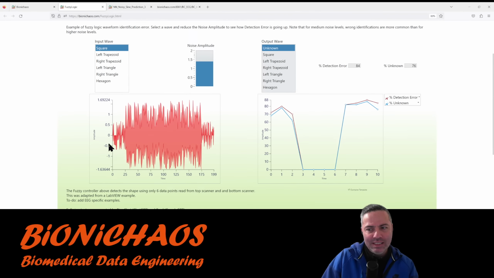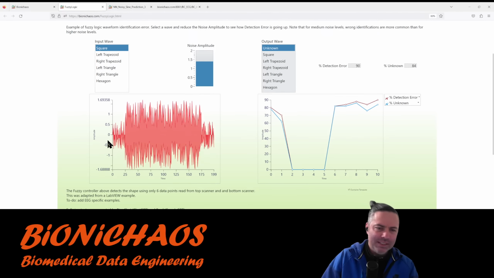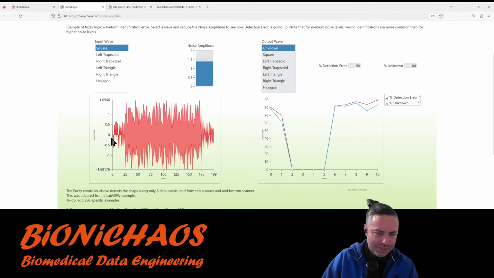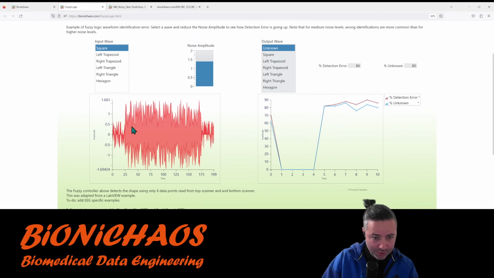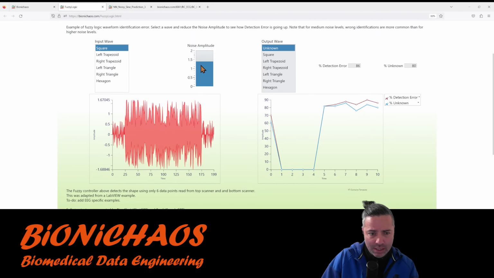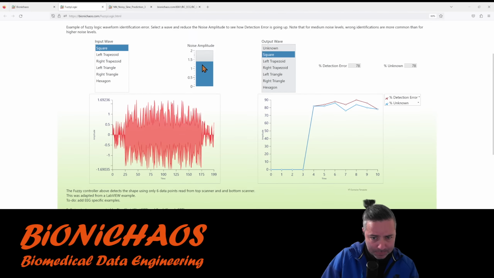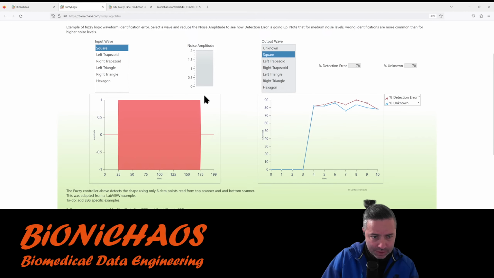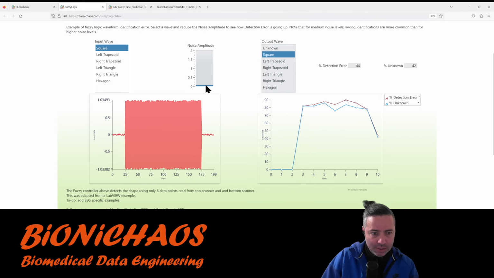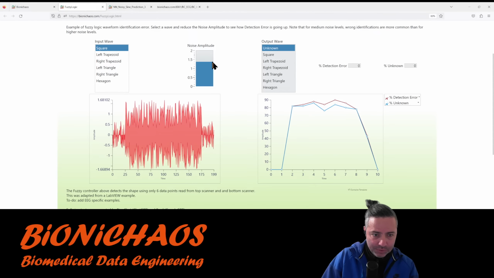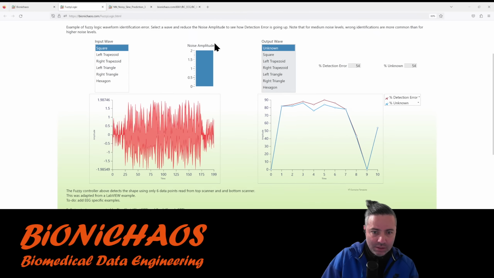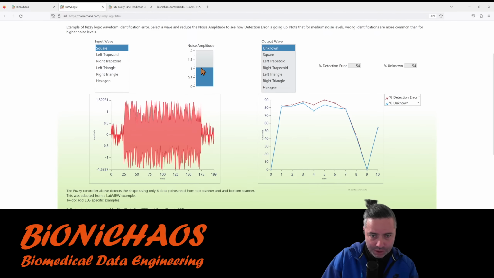But I don't think whoever made that post actually considered the signal to noise ratio that becomes lower. So in this case, we have a signal to noise ratio of like 100%. And in that case, I don't know if you can see it much lower.